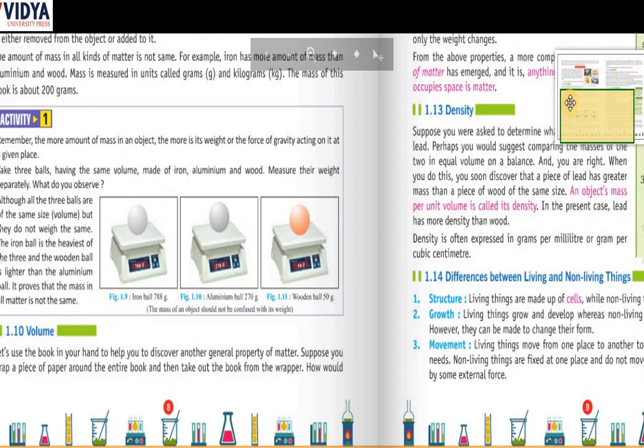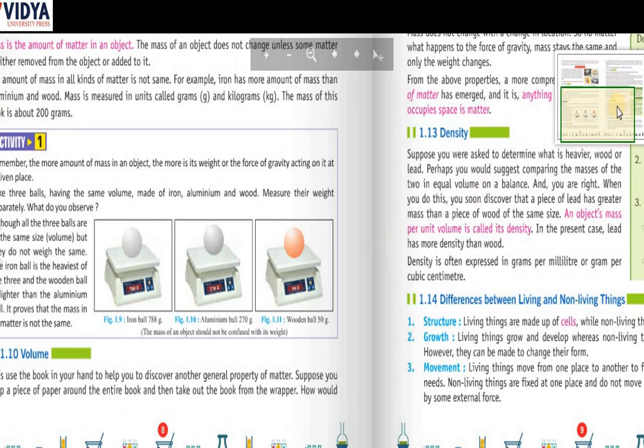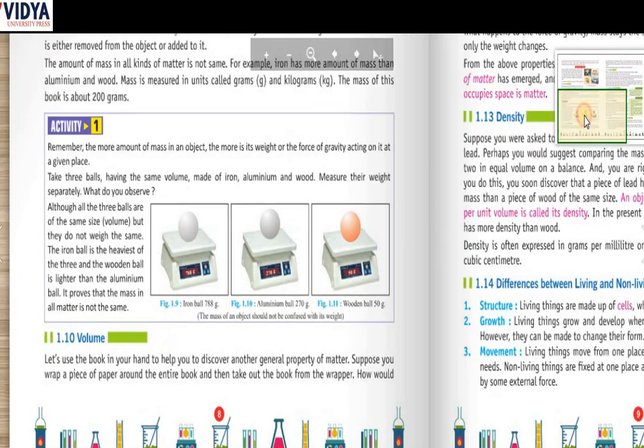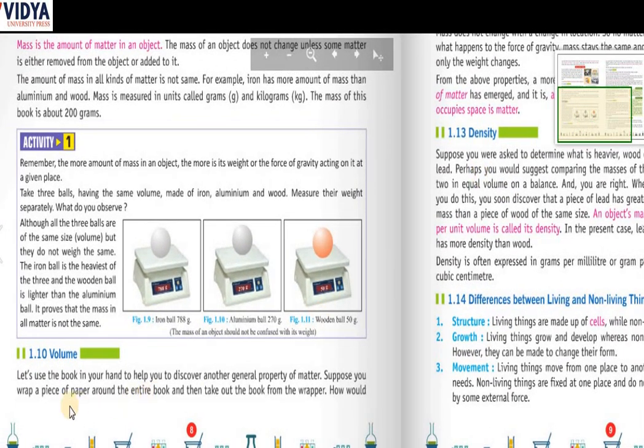Now let's move to the next part, which is volume. Let's use the book in your hand to help you discover another general property of matter. Suppose you wrap a piece of paper around the entire book. Then take out the book from the wrapper.